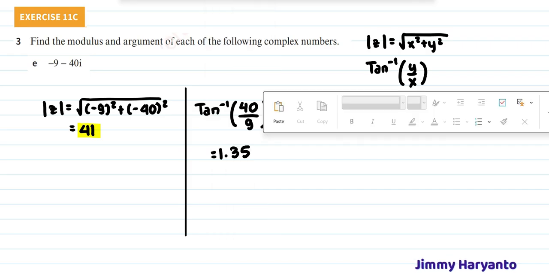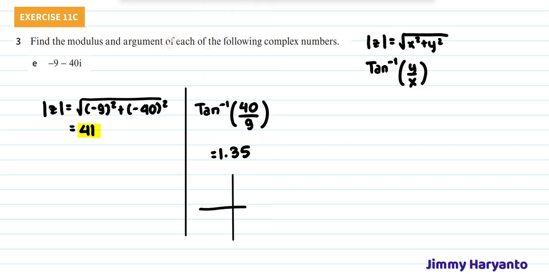And then don't forget to draw the graph. The complex number is right here. That means the 1.35 is this one, the smallest one, and the argument will be this one.